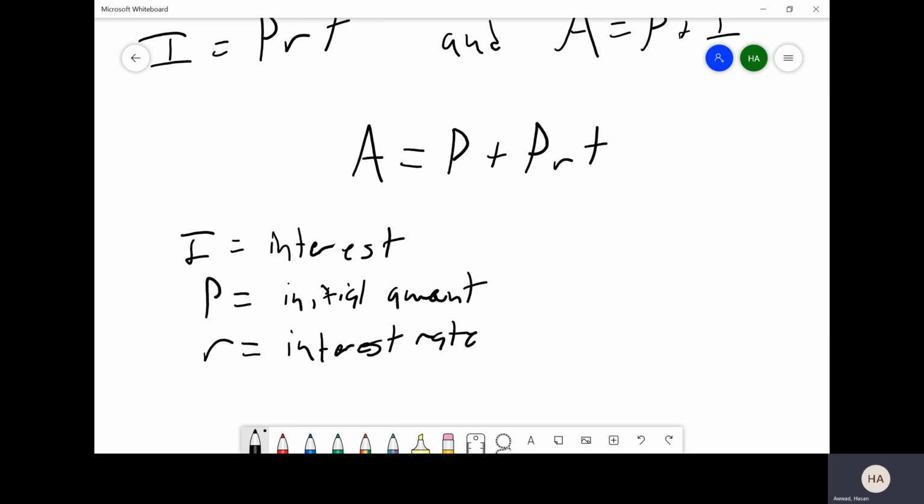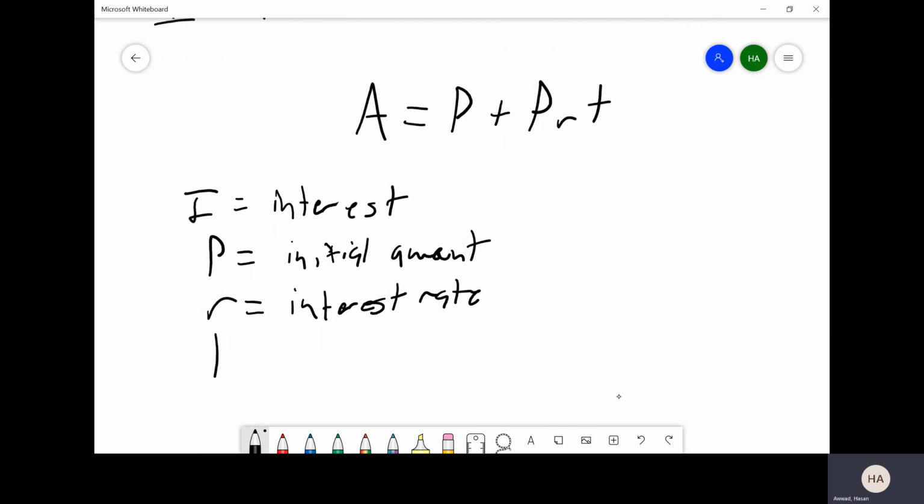And then finally, T is the number of years. So T is going to be number of years. And in general, when we're talking about interest, we do talk about T in terms of years. So if somebody quotes you a certain number of months, you have to convert that number of months to years.